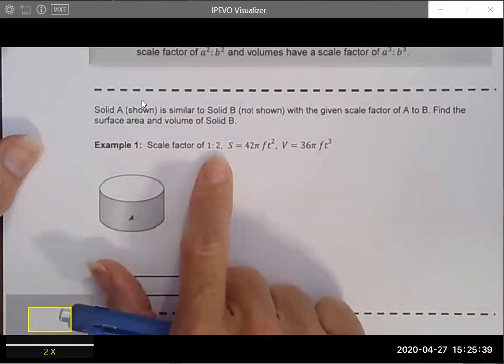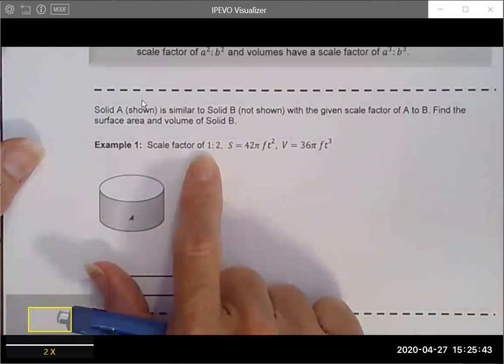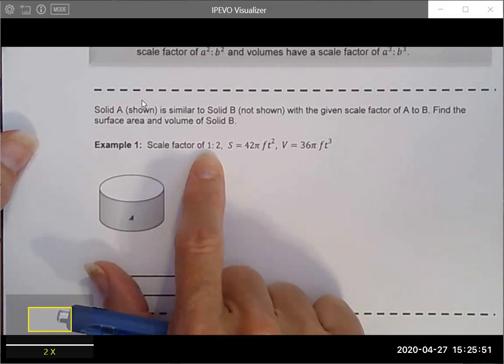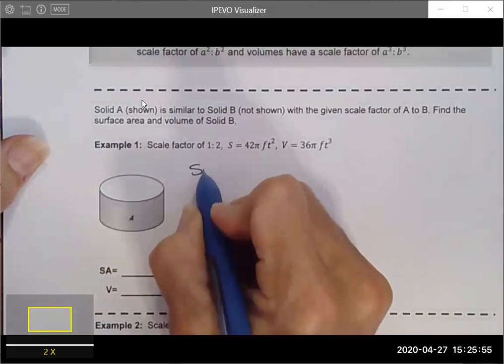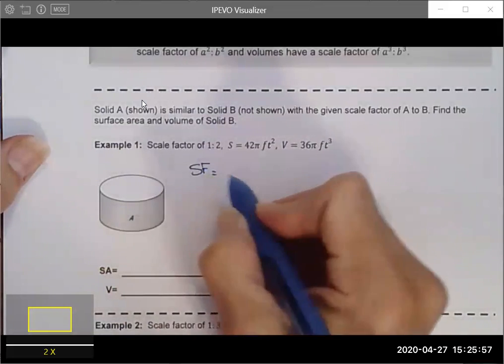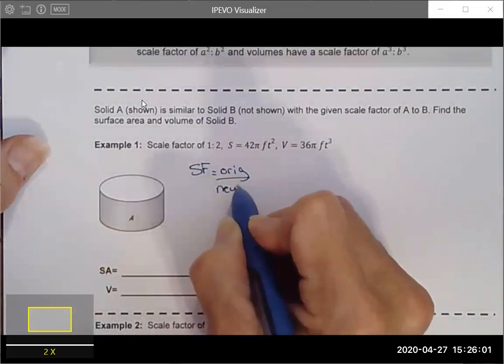This doesn't mean the new figure is half the size of the old one. This means the first one is one size and the second one is twice that size. So my scale factor is original shape over my new shape.